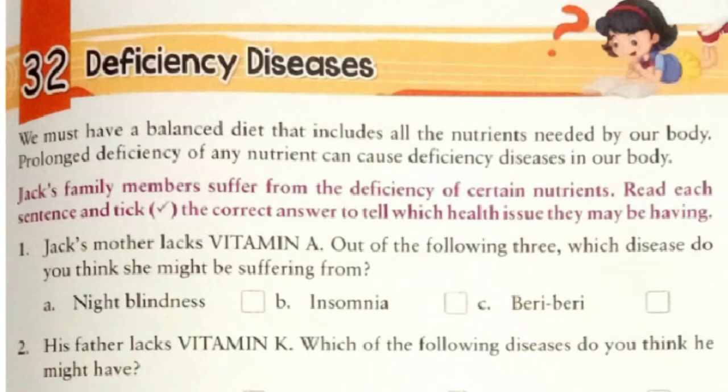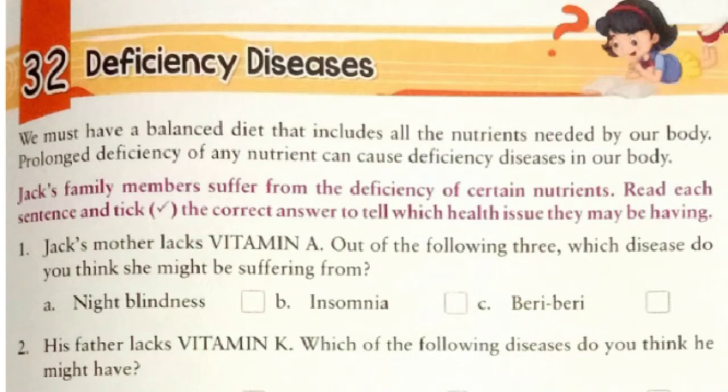Prolonged deficiency of any nutrients can cause deficiency diseases in our body. So here we will read about Jack's family members who suffer from the deficiency of certain nutrients. Read each sentence and write the correct answer to tell which health issue they may be having.